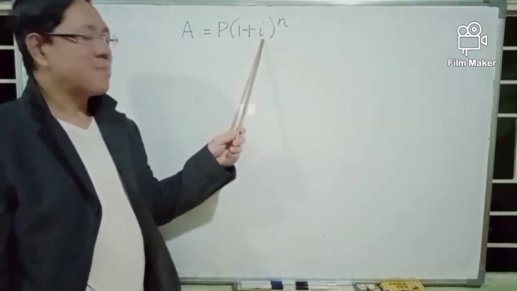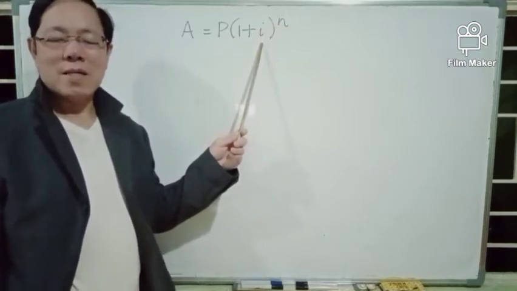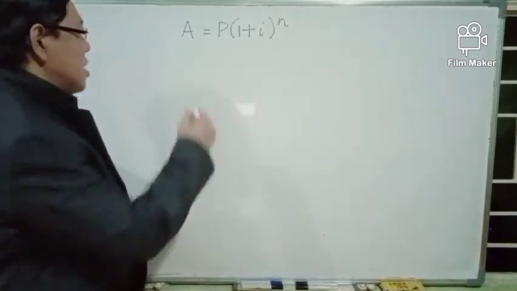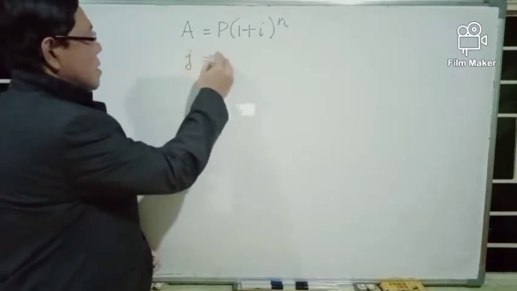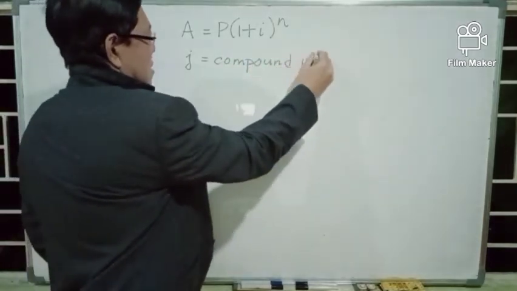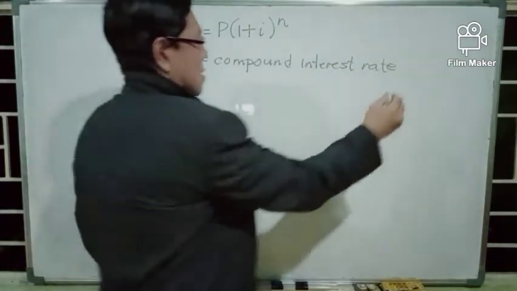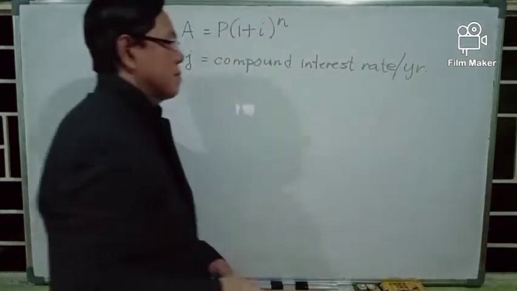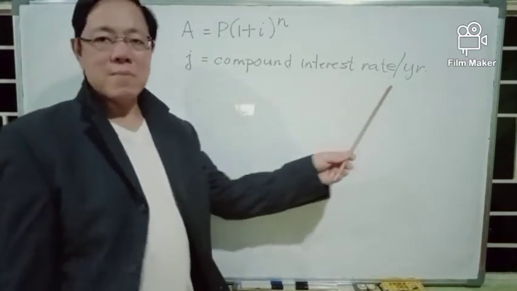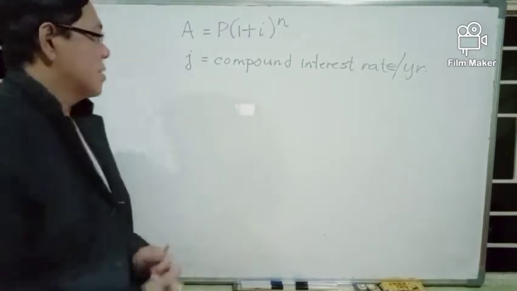I is the compound interest rate per period. And the compound interest rate per year, or the annual compound interest rate, is denoted by J. J is the compound interest rate per year, while in this formula, small I is the interest rate per period.